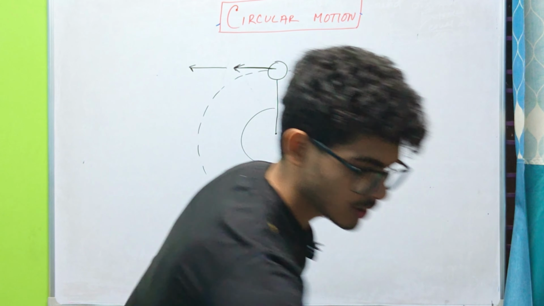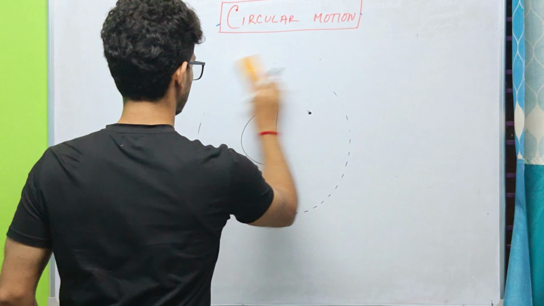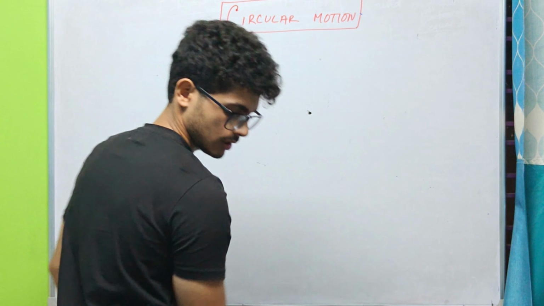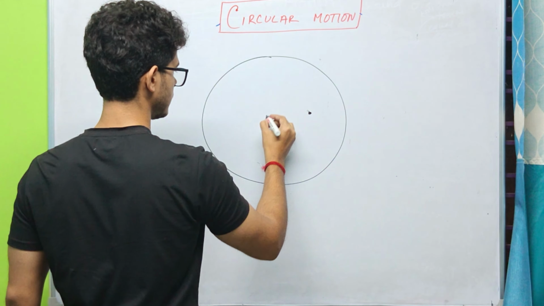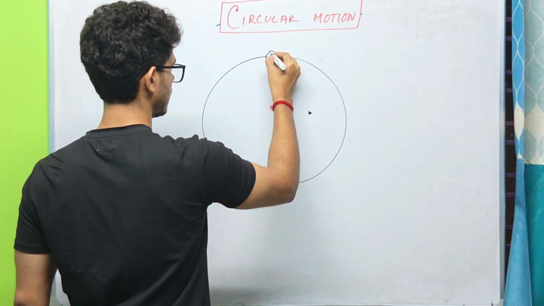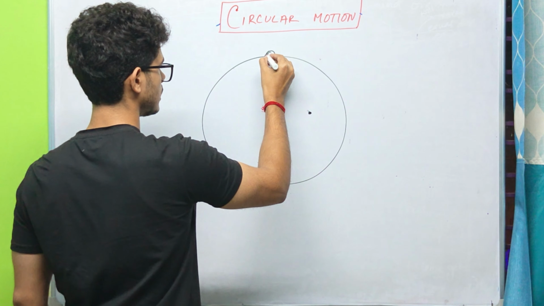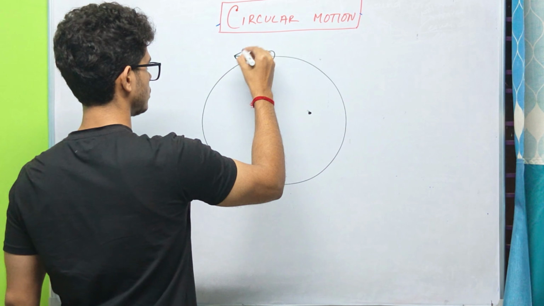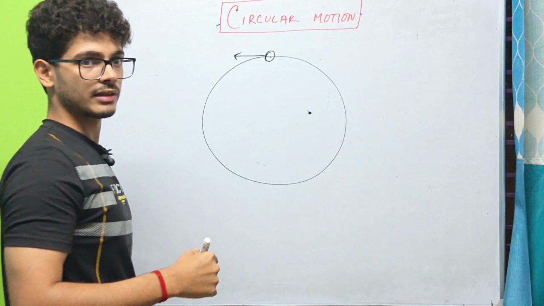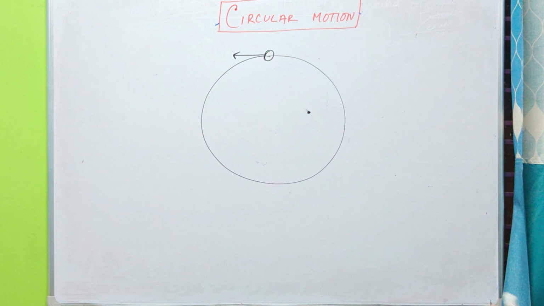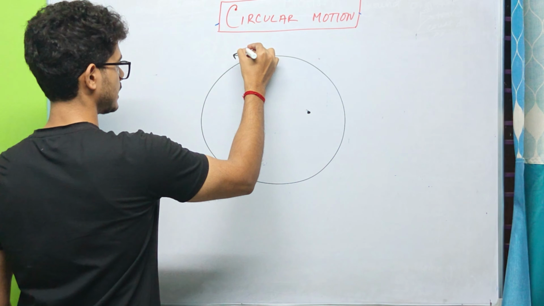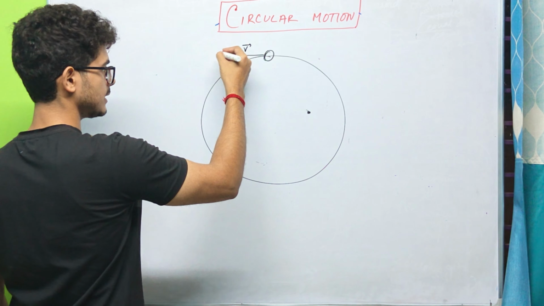So if we draw a diagram of circular motion, we will get that this is the path, this is the object moving in this direction. So this becomes the velocity vector, acting in this direction.